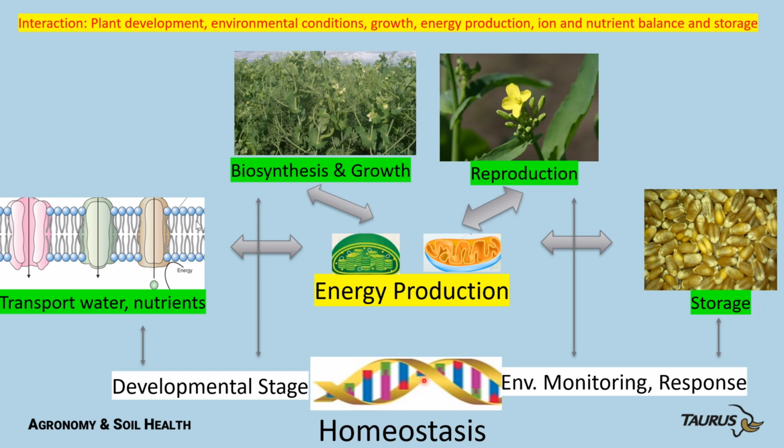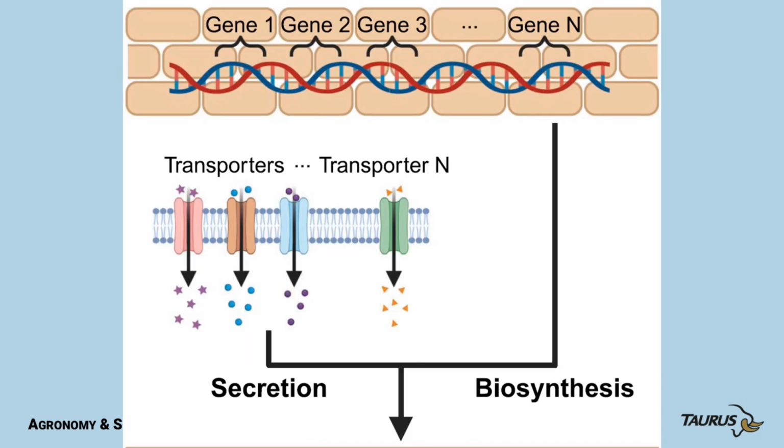And the genes are responding during the entire developmental stage and are measuring the environment at the same time, and they're doing it with genes, genetically, up and down regulating those genes to make what they need.